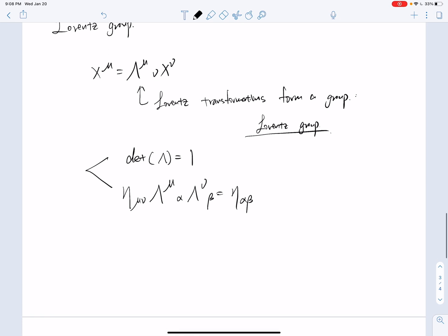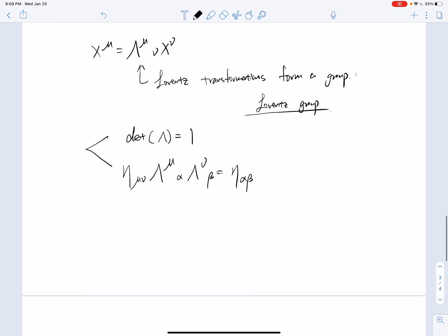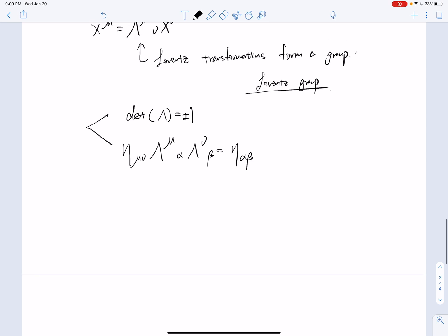These eta are our Minkowski matrix. Well, actually, I made a mistake here. The determinant is plus or minus 1. These two are the properties that we know from our discussion of Lorentz transformations.